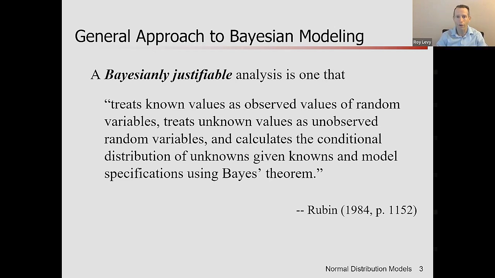Treats unknown values as unobserved random variables. That is, unknown things like model parameters are also treated as random variables having distributions, and then calculates the conditional distribution of the unknowns given the knowns and model specifications using Bayes' theorem.